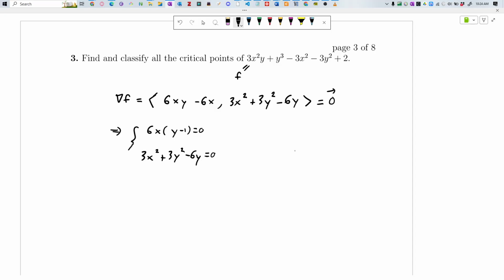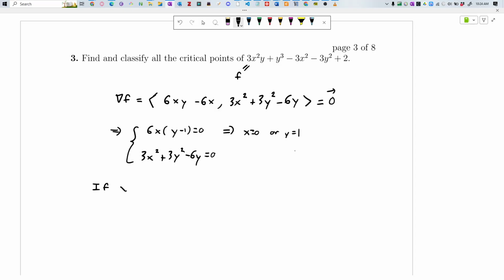Okay, so the critical points are the points that satisfy this set of equations. Well, the first equation immediately tells you that x is equal to 0 or y is equal to 1. And then with that, let's see what happens to the second equation.